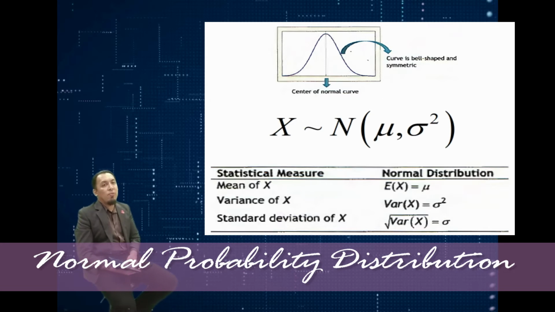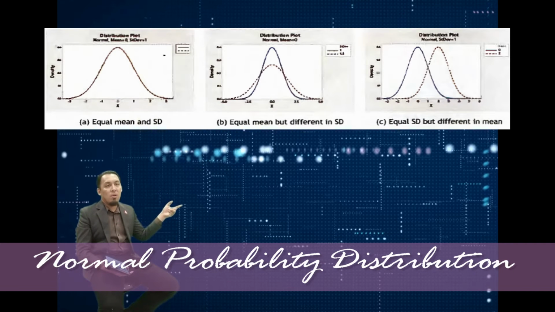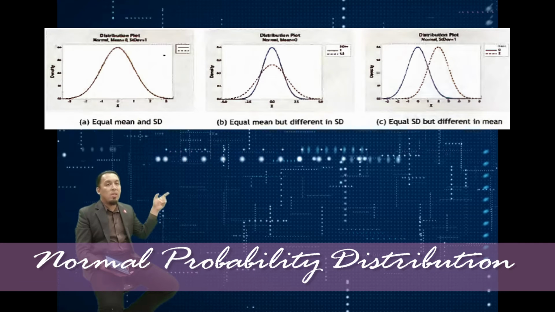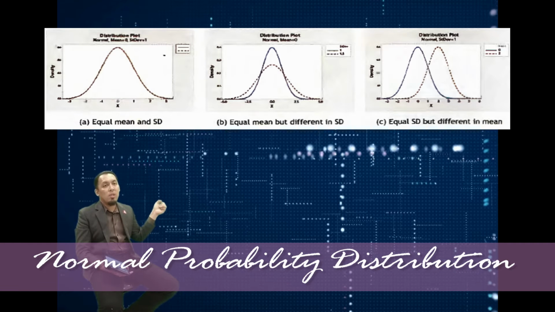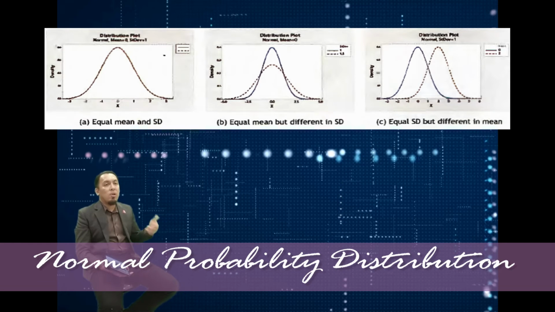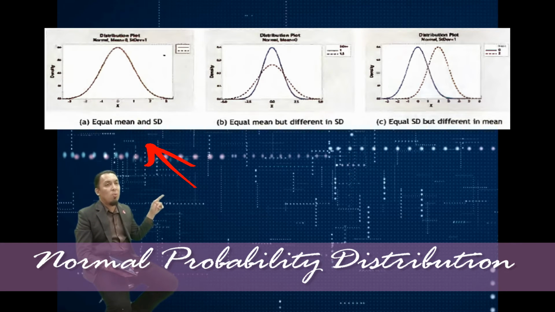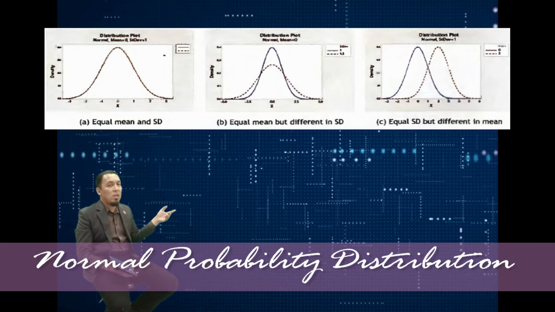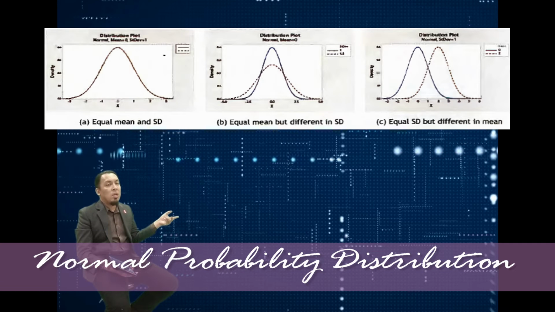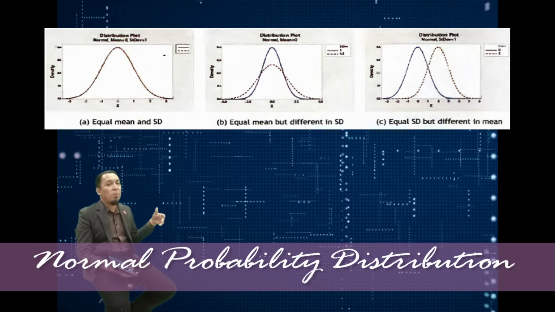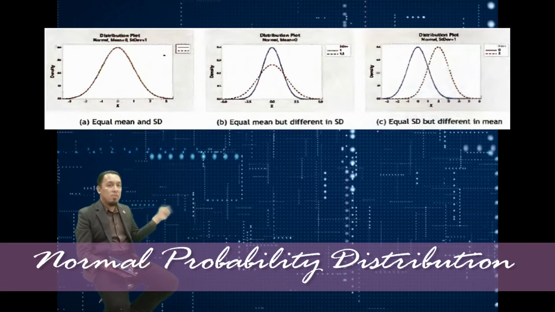Let's refer to these three pictures of graphs. This is actually a picture that contains two normal distributions. If you look at the first one, it seems like it has only one graph, but it's actually two overlapping each other because these two distributions have the same values of mu and sigma. Hence, they have the same distribution.